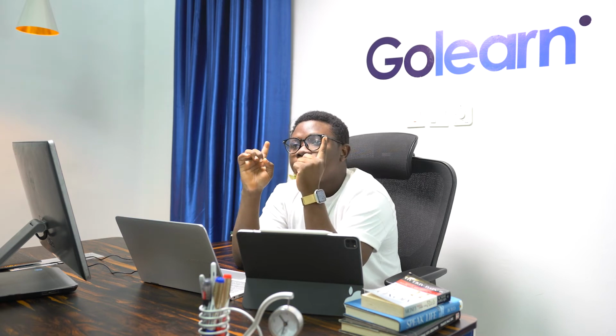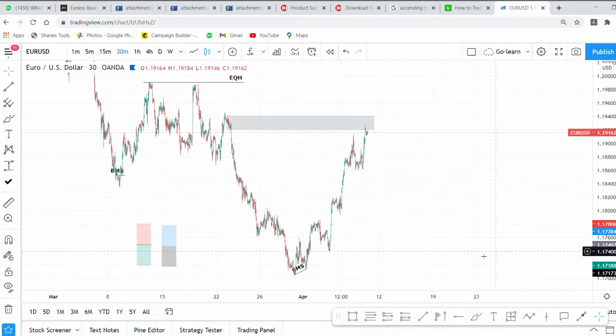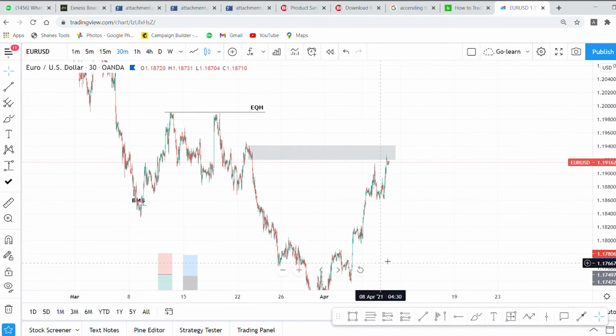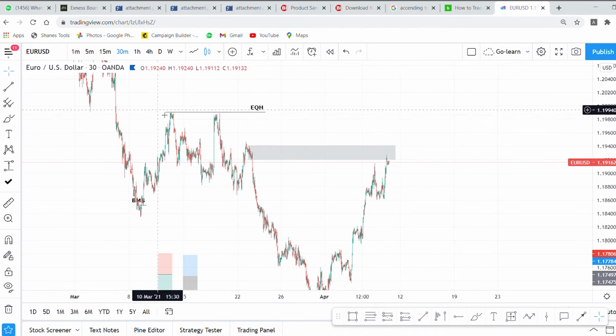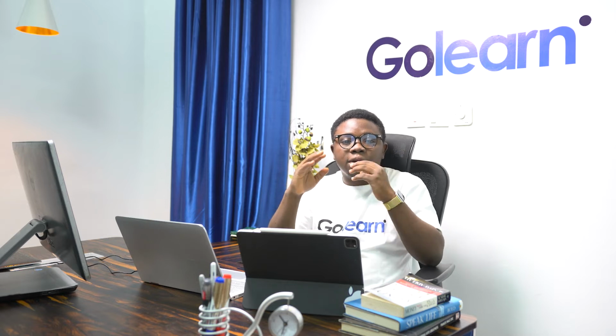Take this. Anywhere on your chart where you find a double top or a double bottom or an equal high or an equal low, like this one that I have here, is an area of liquidity, meaning the BFIs know that there are a lot of orders accumulated in that region.